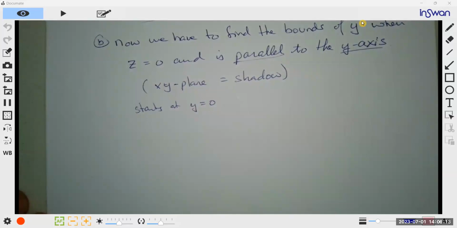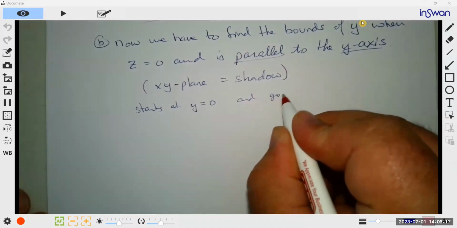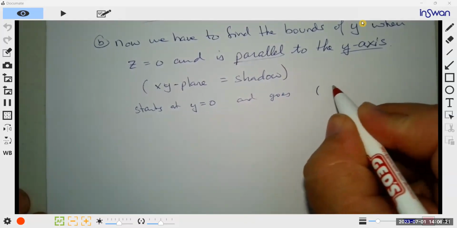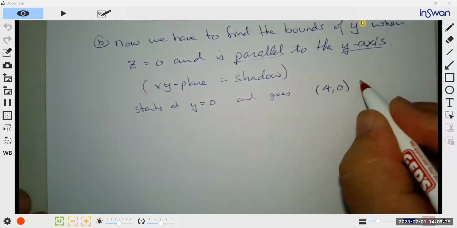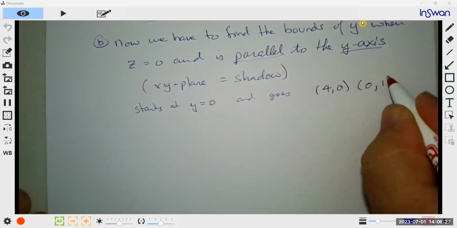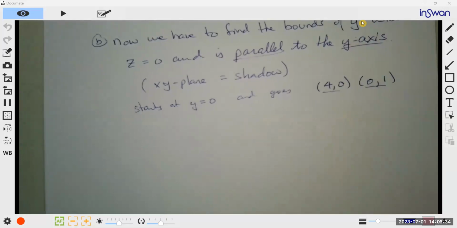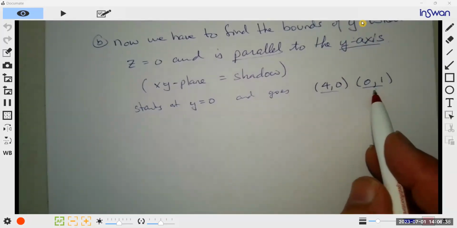That's where it enters. It goes, and we have our points, which are 4, 0 and 0, 1. All we need are the x and y components, because we only deal with x and y now. Find the equation of the line that goes through this.